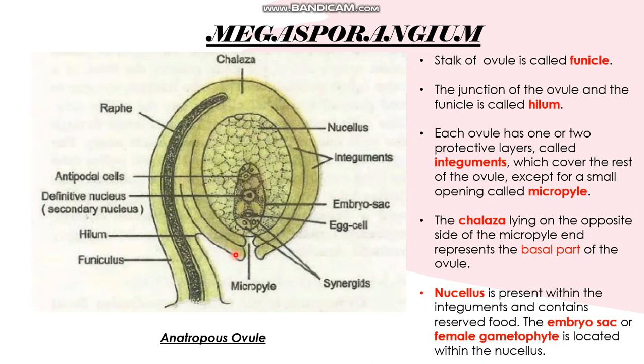In the nucellus, the formation of megaspore occurs, which later on develops into the female gametophyte, which is known as embryo sac. So this is the description of an anatropous ovule. You should know the function of each part. What is nucellus? What are integuments?